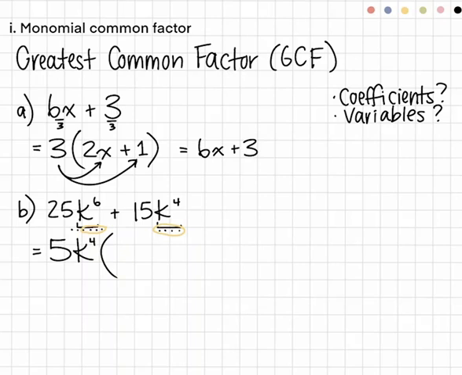Okay, and then I'm going to leave some space. And 15 divided by 5 is 3. Okay, now what am I going to do with this k to the power of 6 and k to the power of 4? Well, I'm also going to divide. It's going to look like this.